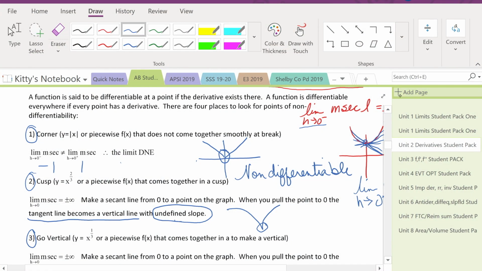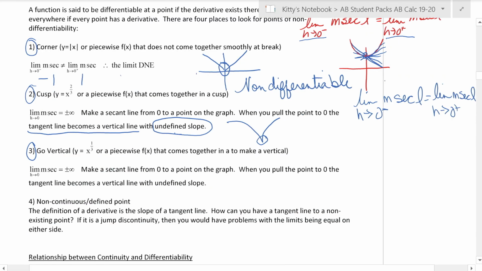Okay, so there are different reasons why points are non-differentiable. Numbers 2 and 3, the cusp and go vertical, the x to the 2/3 and x to the 1/3, are for the same reason, because their tangent line is actually a vertical line, and the slope of a vertical line is undefined.